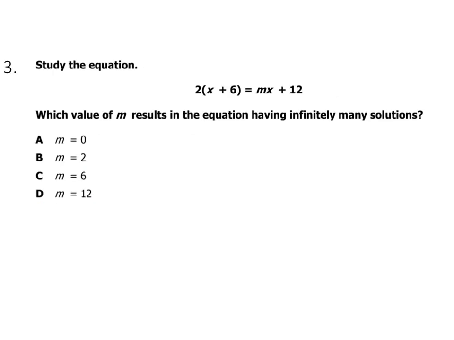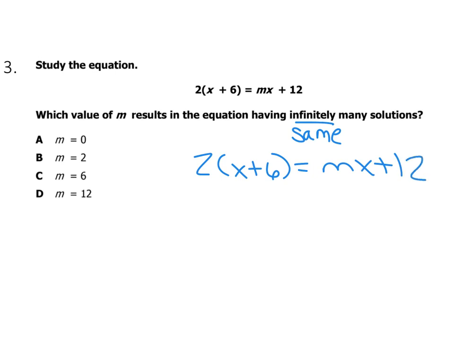Study the equation 2 times (x plus 6) equals mx plus 12. Which value of m results in the equation having infinitely many solutions? Which means it's going to equal the same on both sides when it's reduced or simplified. So we're going to take this equation and do the only thing that we can possibly do right now, which is distribute.